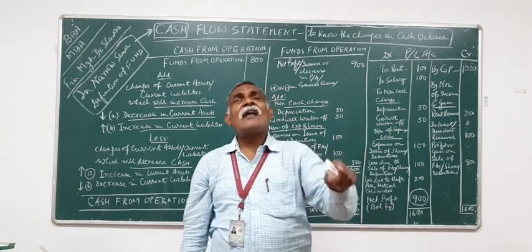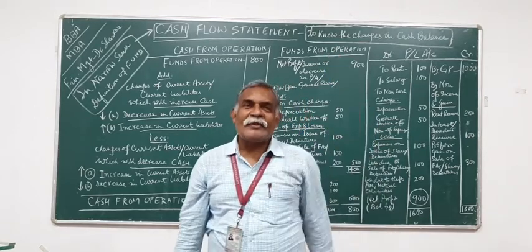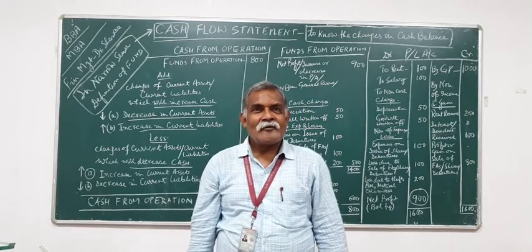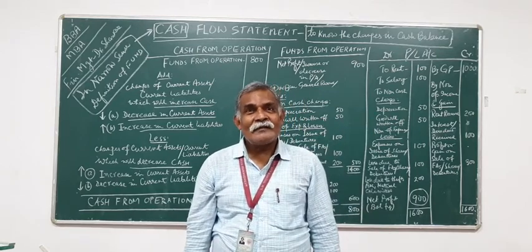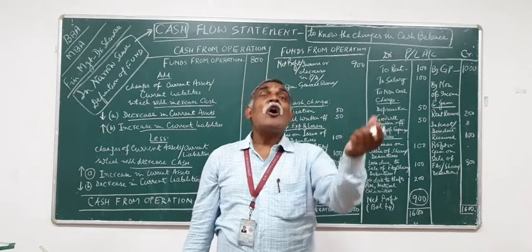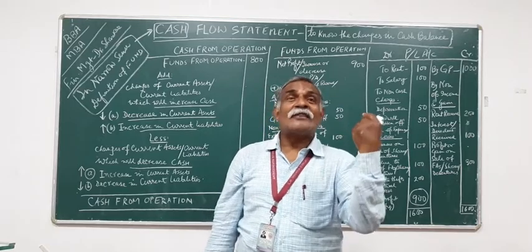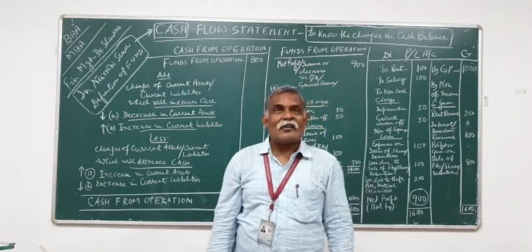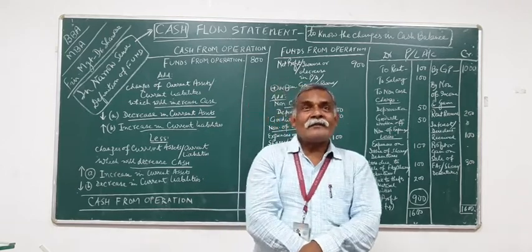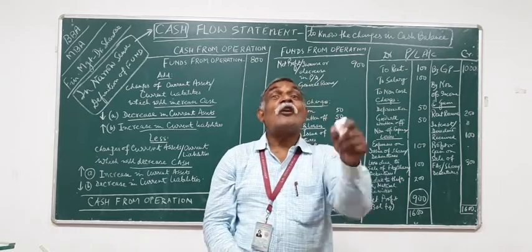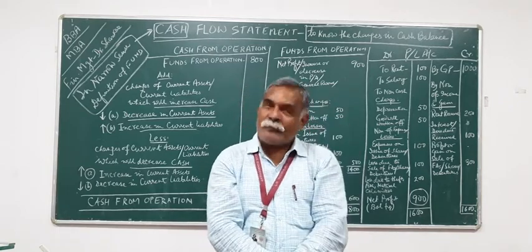In the PL account there are certain elements which have no relation with operation, namely expenses and losses or income and gains. The non-operating expenses and losses which we consider on the debit side of the profit and loss account decrease the net profit, so those non-operating expenses and losses or non-cash charges we have to add back when we calculate funds from operation.